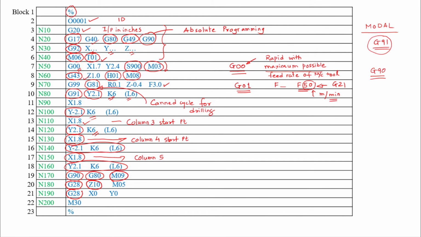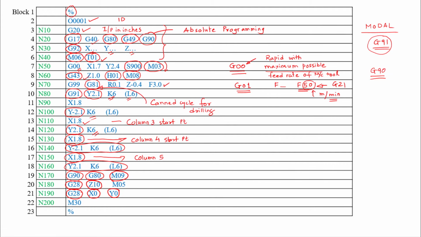These are the safe points in the work volume, and these safe points are Z10, X0, Y0. When the tool is traveling through these points, it will not hit, it will not interfere with the geometry of the part.